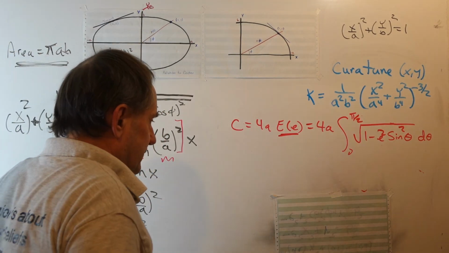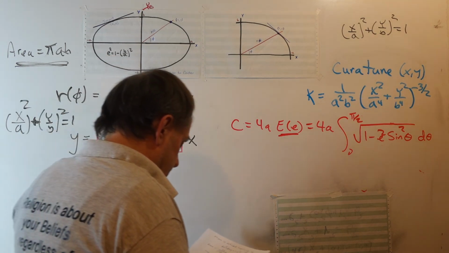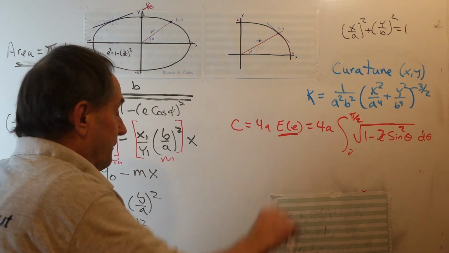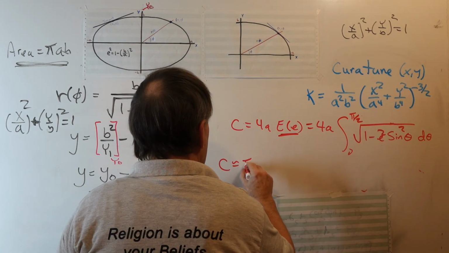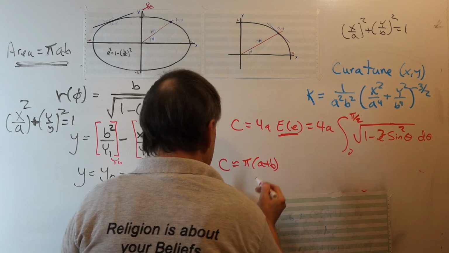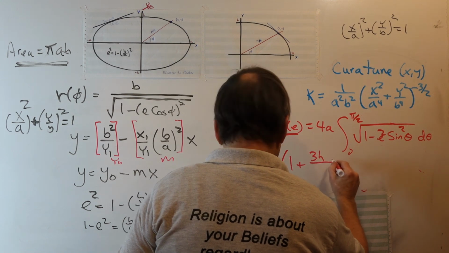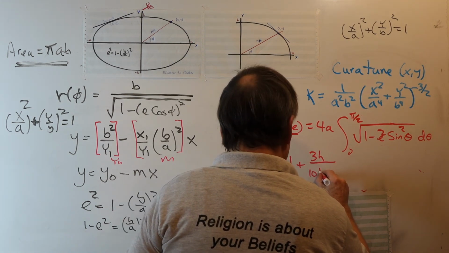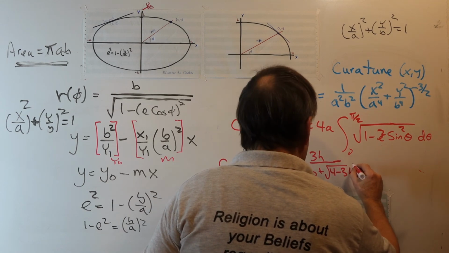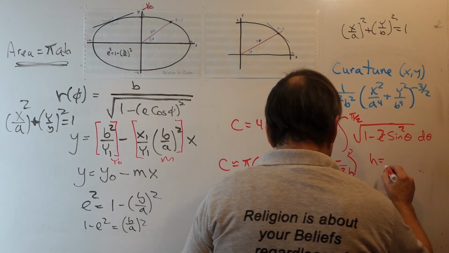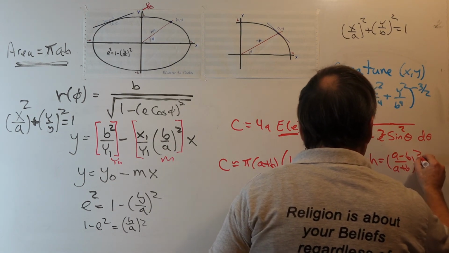Now, there's a really good approximation. Srinivasa Ramanujan, an Indian mathematician, came up with this, and the perimeter is approximately equal to pi times (a plus b) times (1 plus 3h over 10 plus the square root of 4 minus 3h), where h is defined as (a minus b) over (a plus b), squared.